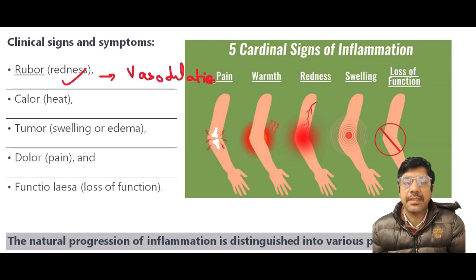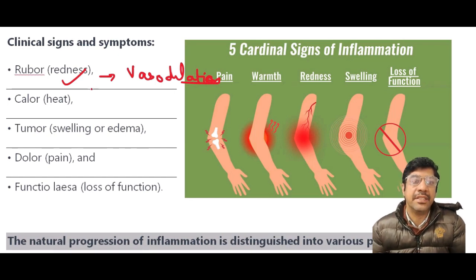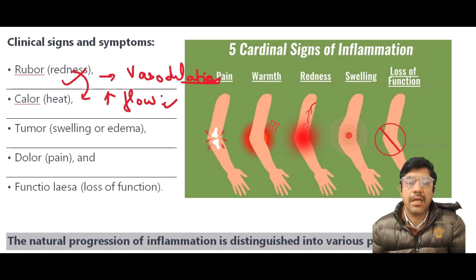Second is heat, that is calor. Increased temperature in the area is seen due to increase in the blood flow. Tumor, swelling or edema: accumulation of fluids and inflammatory cells could be seen. Dolor means pain: stimulation of nerve endings due to release of inflammatory mediators could lead to pain.